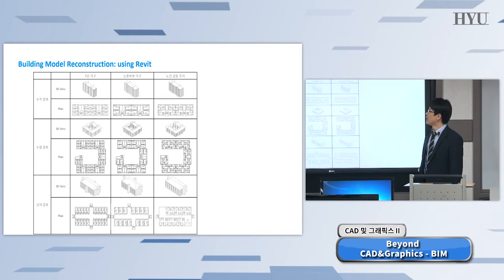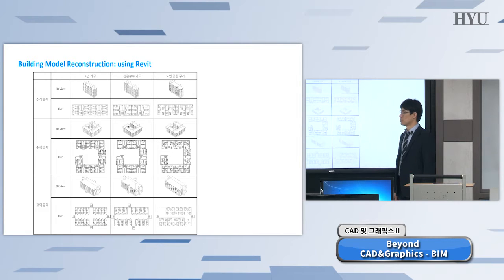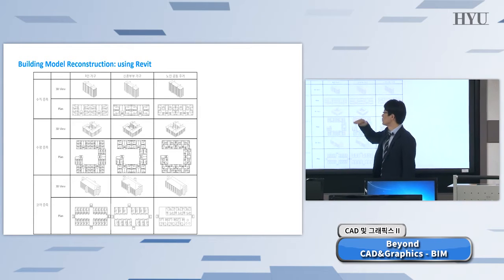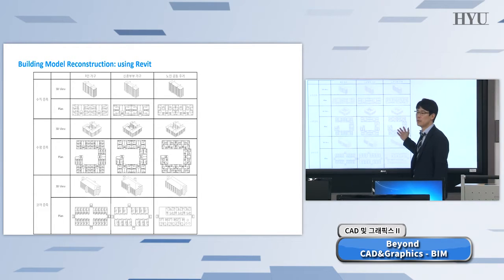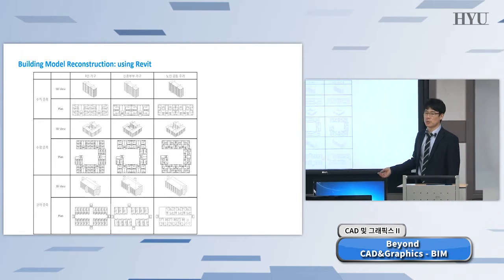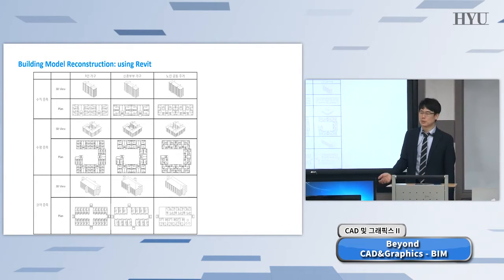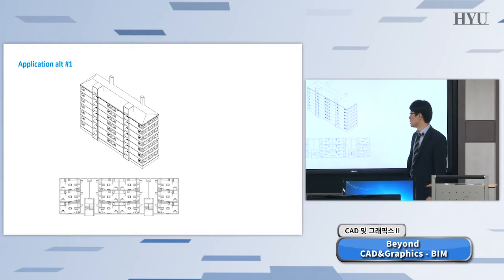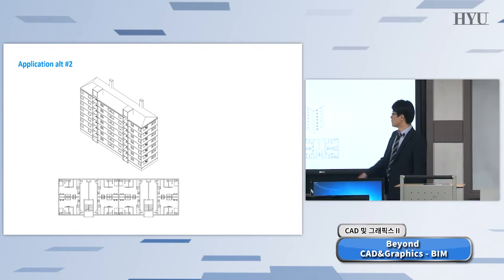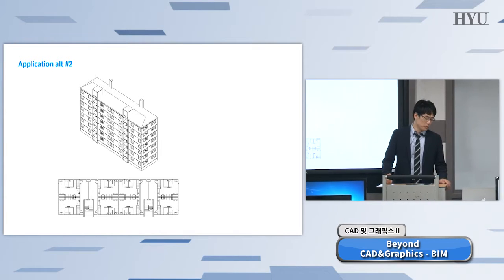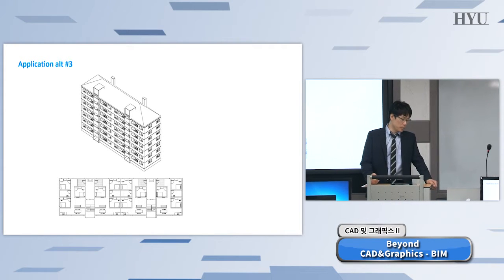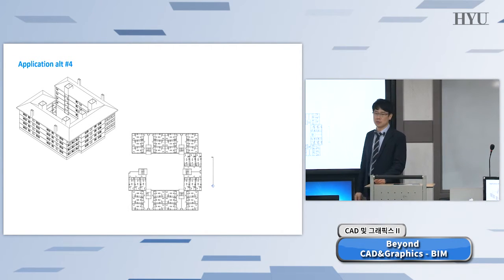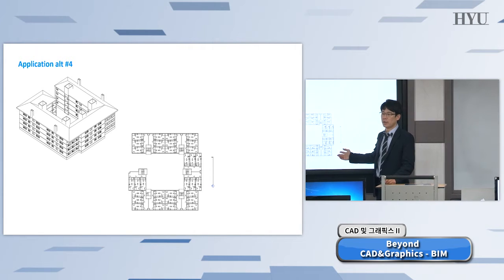In terms of combinatorial analysis, we simply put 3 different units on 3 different building types. So a total of 9 different design alternatives can be automatically generated. This is design alternative 1, for this building with the single unit module applied. Then the module for 2 persons and the module for 3 persons shared, and also design alternative 4, a series of design alternatives can be auto-generated by a BIM application.